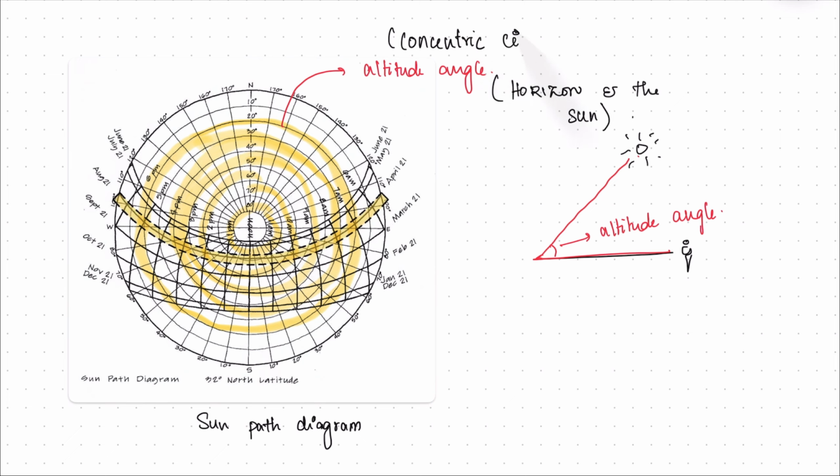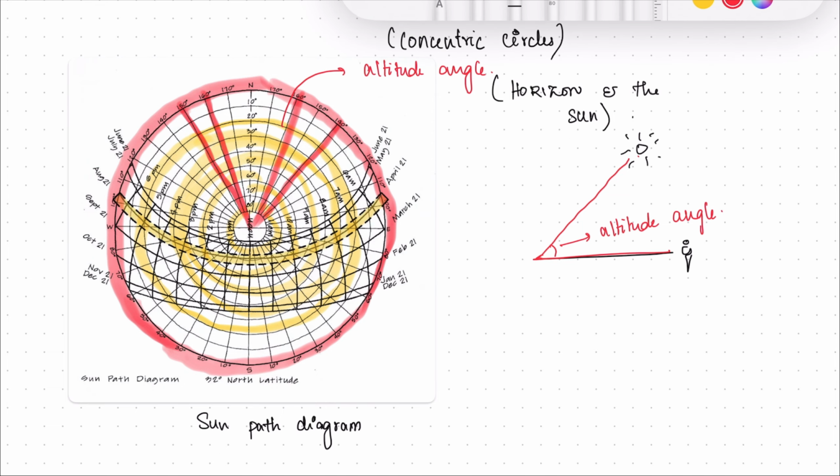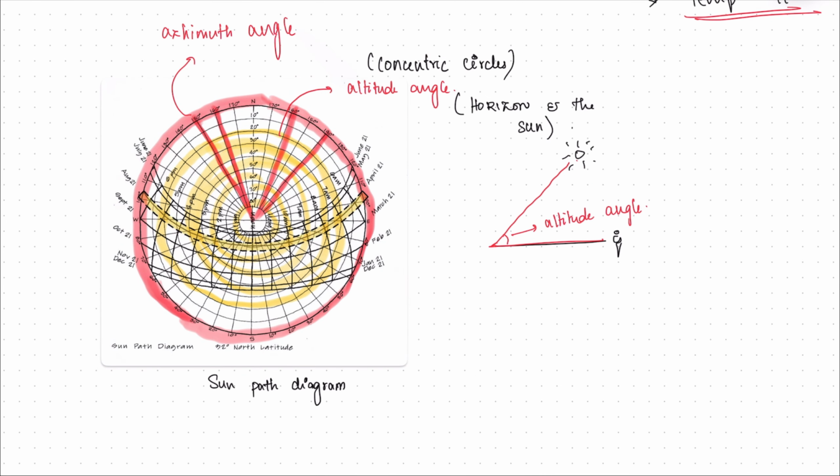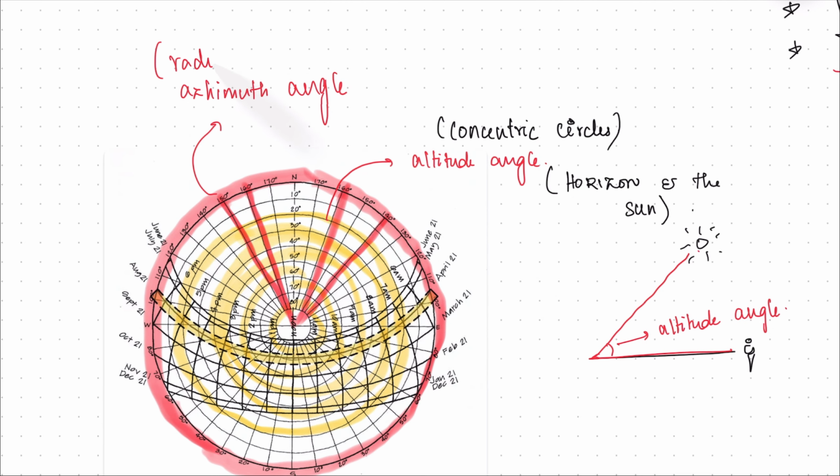Now, before that, all the angles that are mentioned at the periphery or the circumference of the outer circle are your azimuth angles. These are your azimuth angles, and the azimuth angle lines also travel radially.